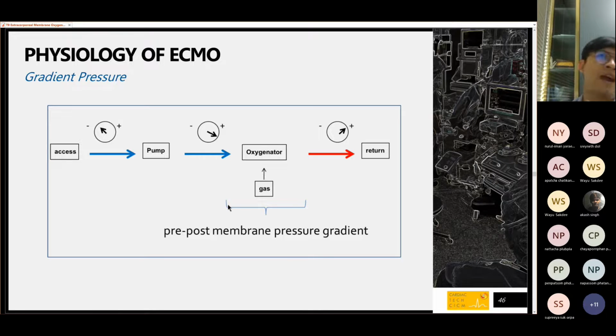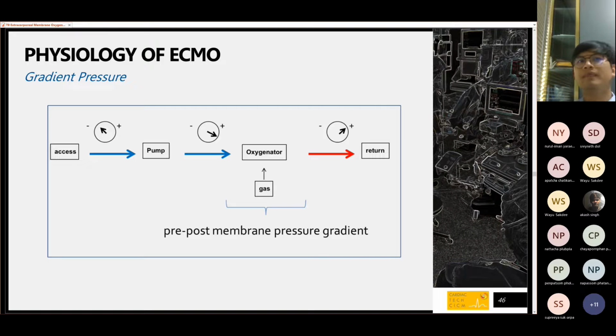Let's say if there is some obstruction, the gradient is going to change. The obstruction is mainly about clotting in the oxygenator membrane. If there is a clot, that clot is going to obstruct the pump flow, right?